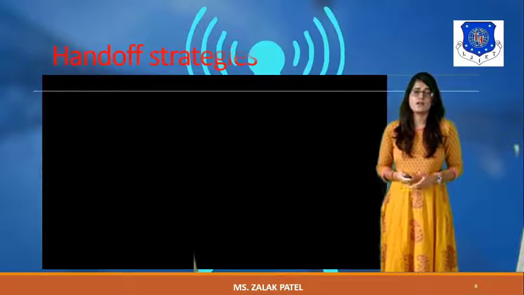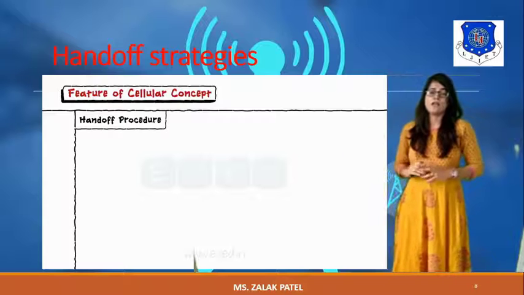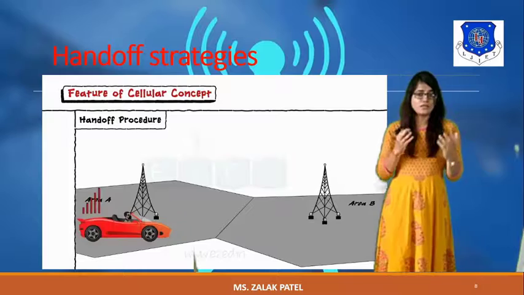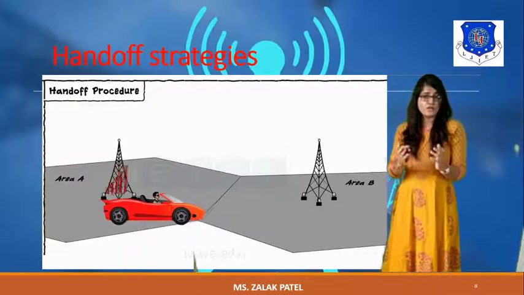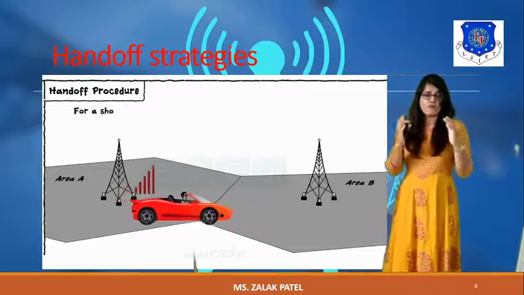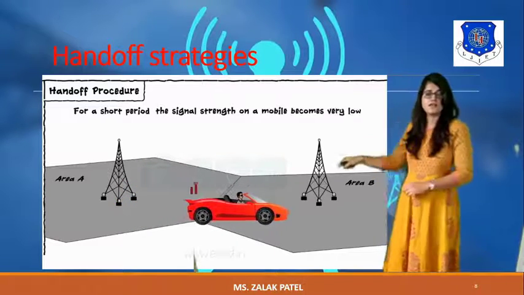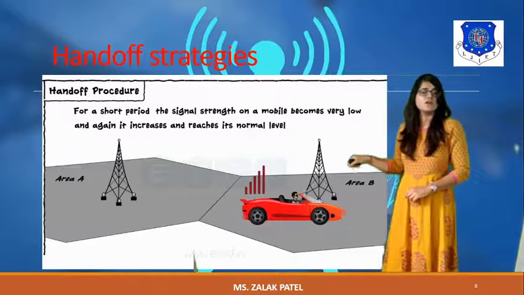Next is handoff strategies. The definition of handoff, as you can see in the video, is that the user in a car is traveling from one base station to another base station. You can see that the signal strength is reducing as he enters area number 2.